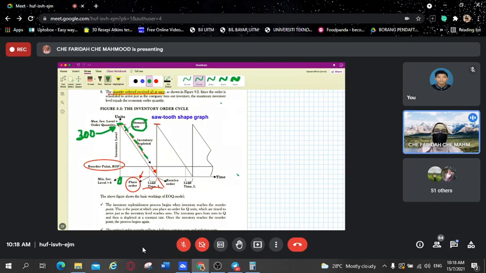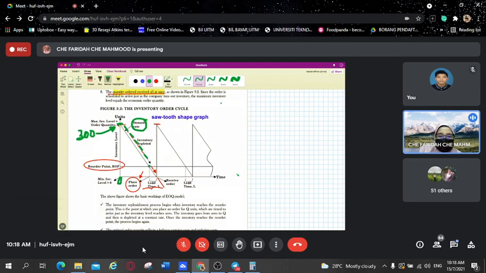Or 300 per month, it will be 3,600 I need. But every month, when Adik delivers to me, the next day I'm going to use it. The slope represents the usage rate, the rate of usage per day.